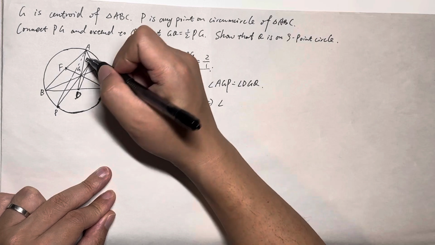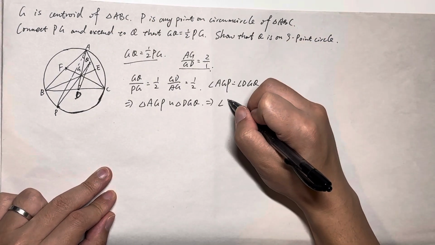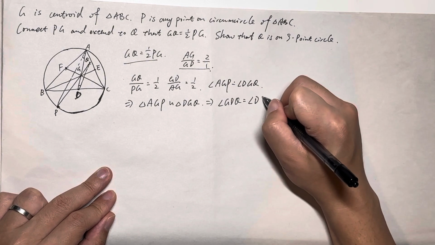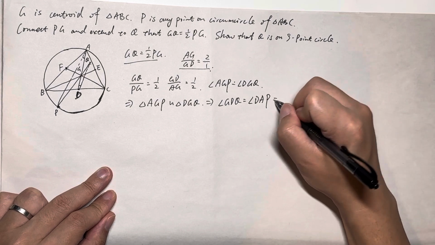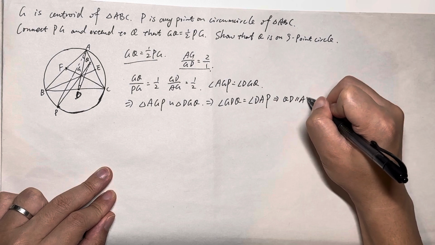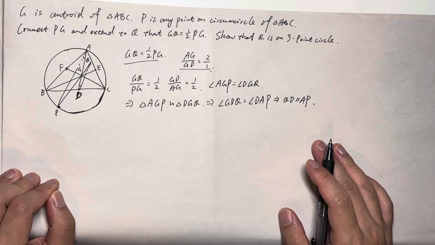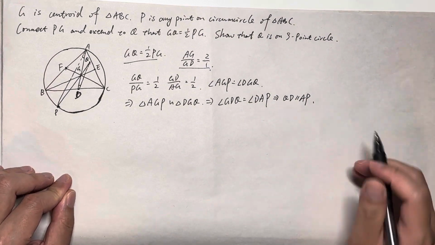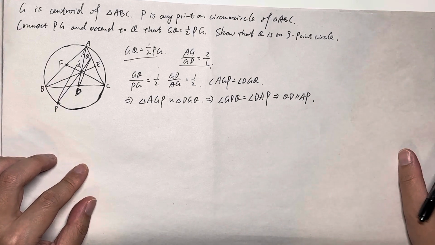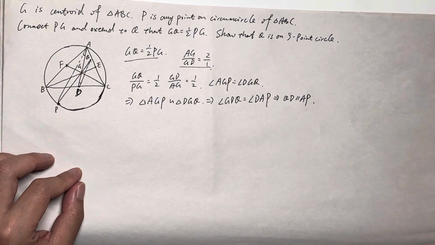So we know that this angle equals this angle, so angle GDQ equals angle DAP, which means QD is parallel with AP. That's information we can get. Whether it's useful or not, we don't know. We just try to figure out as much as we can from the problem.